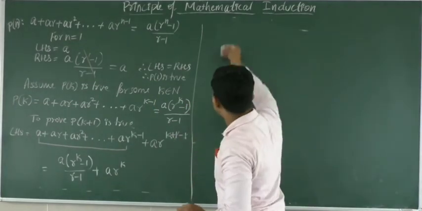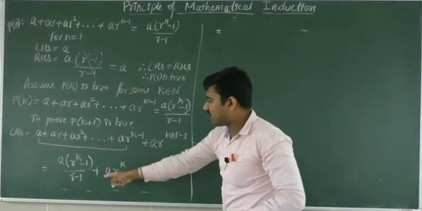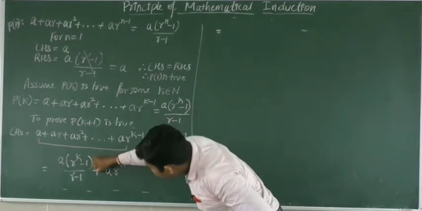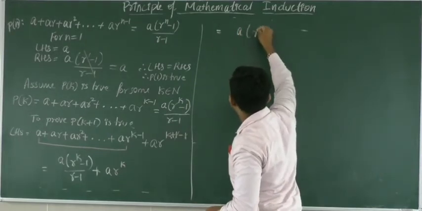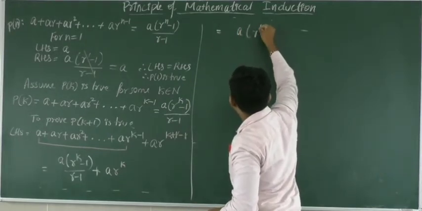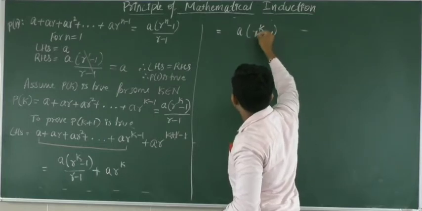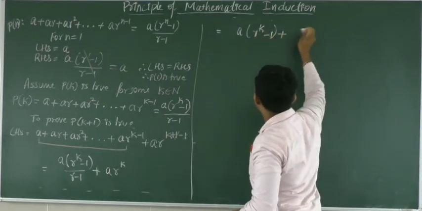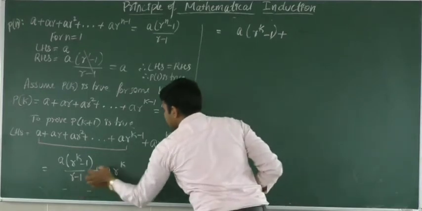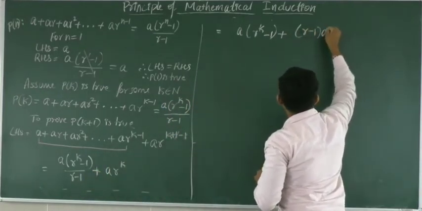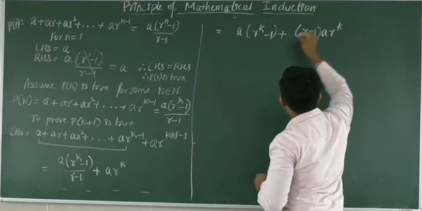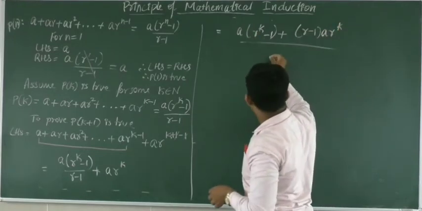So to do that, take the LCM. How will we get it? A into R to the power k minus 1, plus, cross multiplying, R minus 1 into A R to the power k, whole divided by R minus 1.